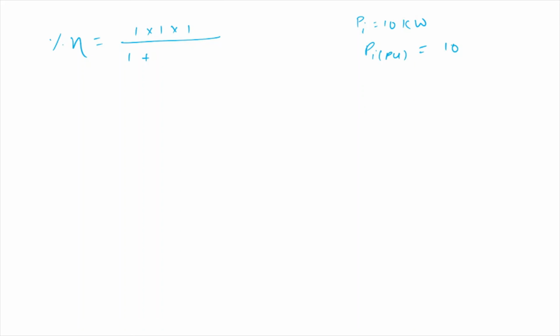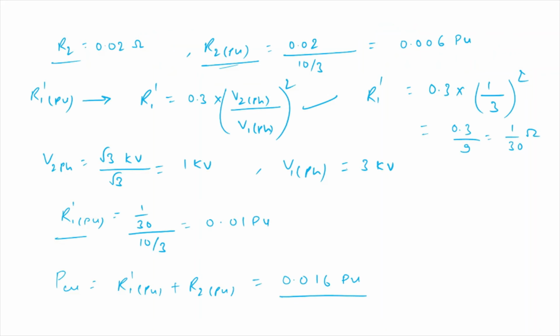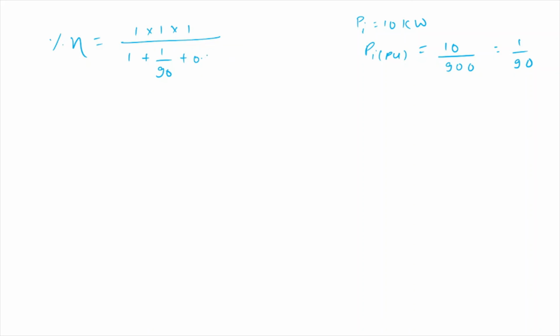Pi per unit would be 10 divided by 900 kVA, so 1 by 90. Here Pi would be 1 by 90 plus copper loss would be 0.016 pu. Now, if you calculate it, then we will get 97.36 percent. So this is the answer for the question.